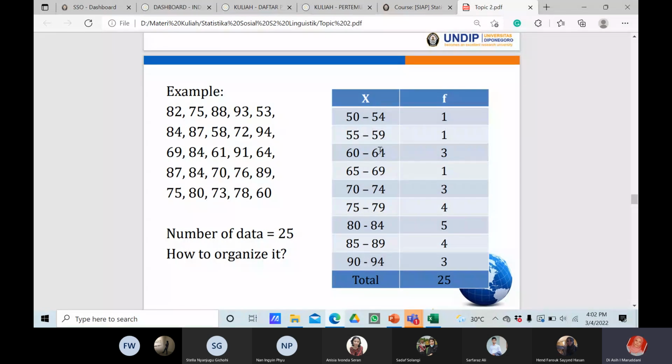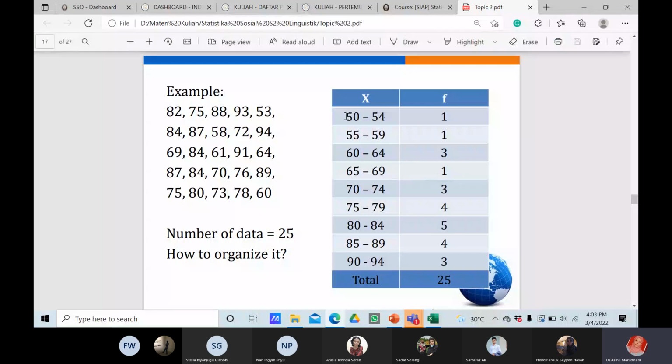Or maybe someone will start with 45 and so on. So this is how to construct this table, depending on the researchers, but there are some rules, of course, to simplify the calculation: how many intervals we can produce, how many classes we can use. I will tell you later.